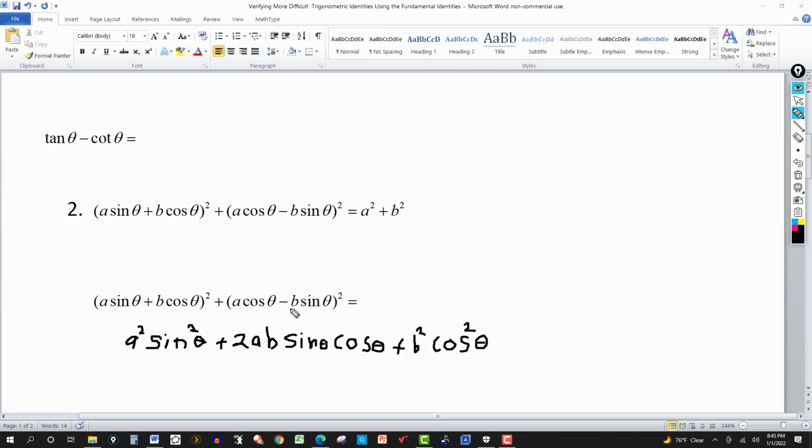The other one is the same thing, squaring a binomial. Terms are a little bit different, but it's to square the first one. So I'm going to put it underneath. So that's going to be a plus a squared cosine squared of theta. And then it has a minus, so it'll be minus twice the product of those terms. So minus 2, and then a and the b are going to be there.